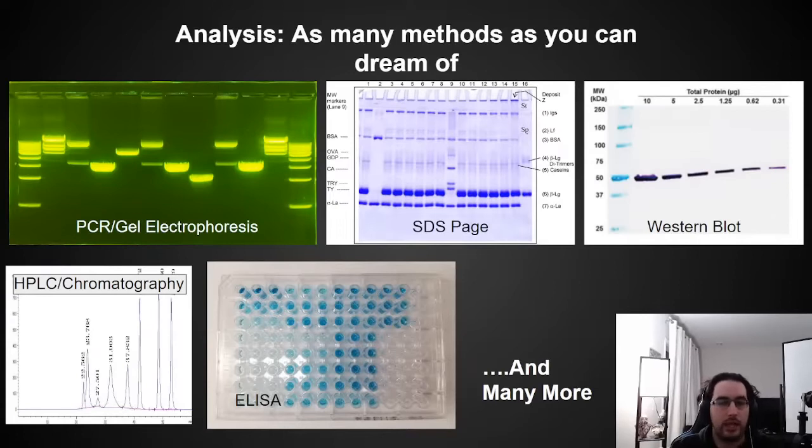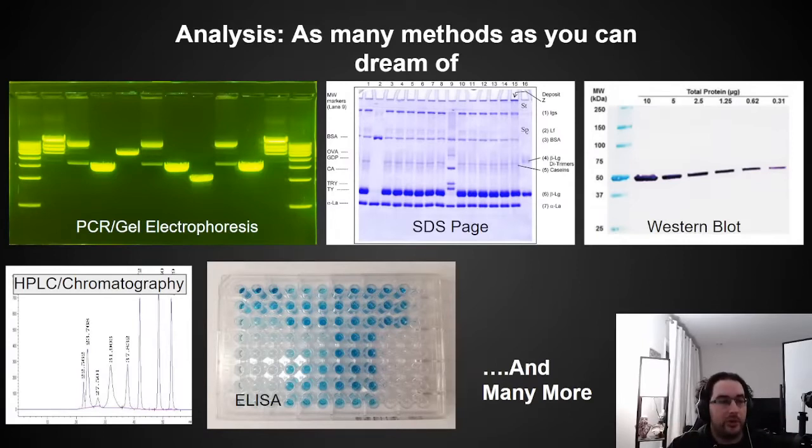So if you're looking at DNA and you want to see stuff about your DNA, be it is it the right size, or did you PCR a product of the correct size, then you're going to be doing a gel electrophoresis. You take a block of a special type of gel, and I've got a video on doing this if you want to see it. It's got little holes in it.